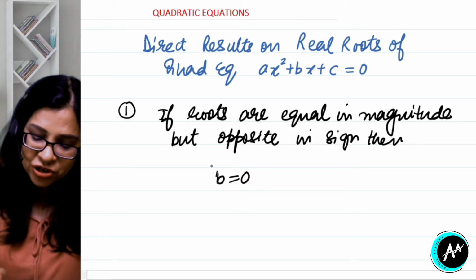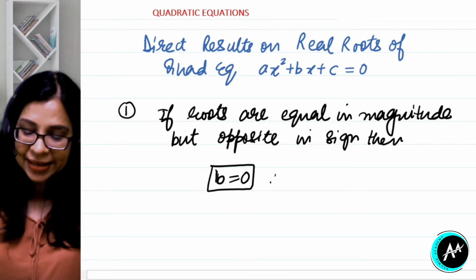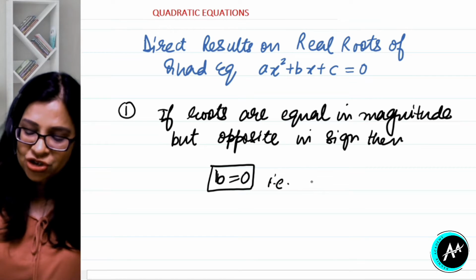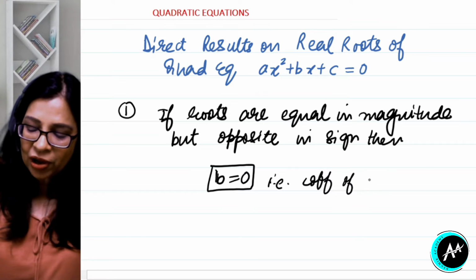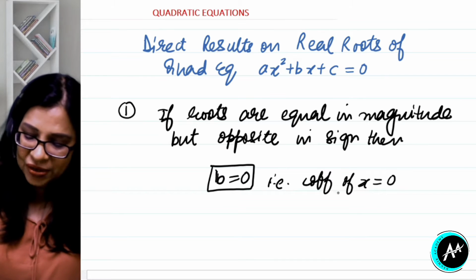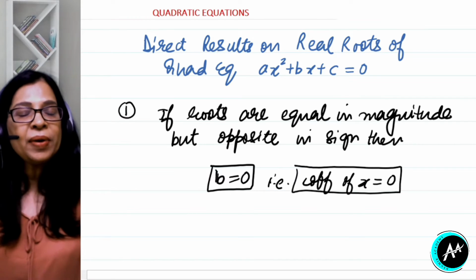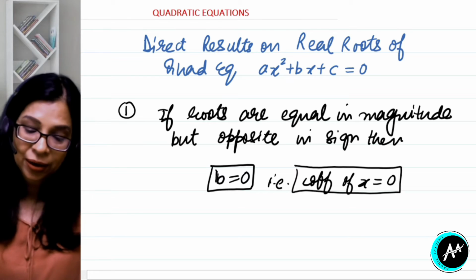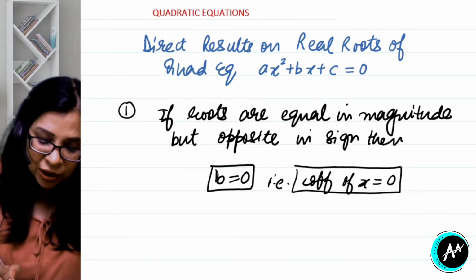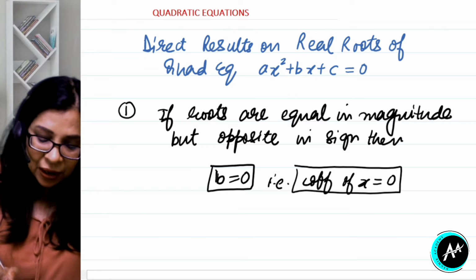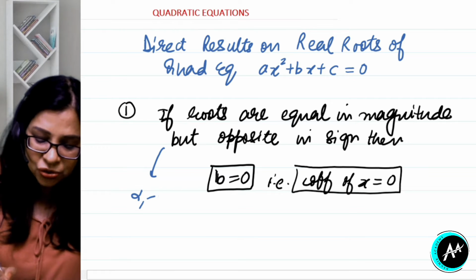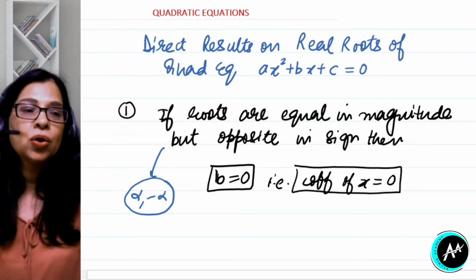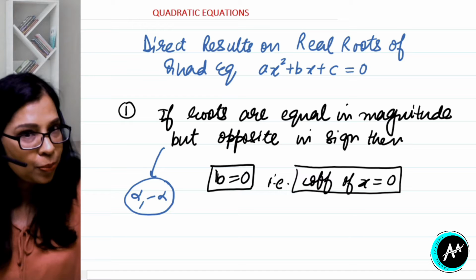B means coefficient of x. So we can say that coefficient of x will be equal to 0. Is it all right? Now, what do we mean when we say that roots are equal in magnitude and opposite in sign? Look here, it means if one root is alpha, then the other will be minus alpha. So that is the meaning when we say roots are equal in magnitude and opposite in sign.